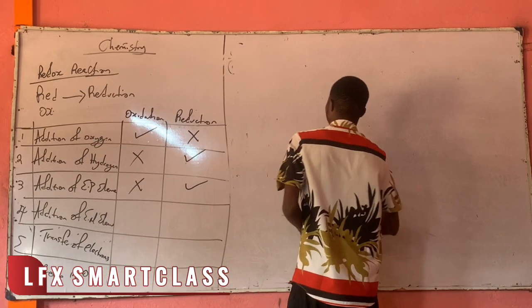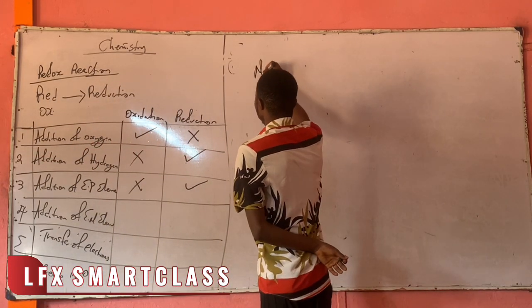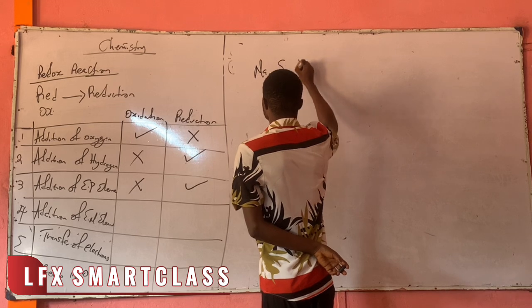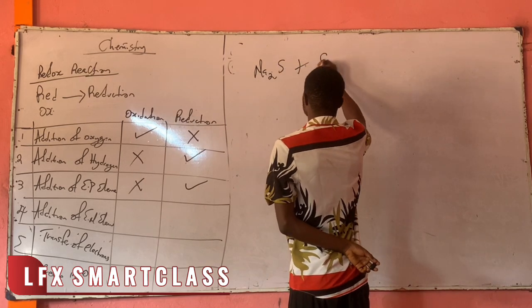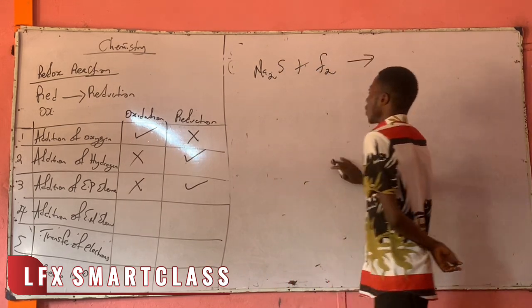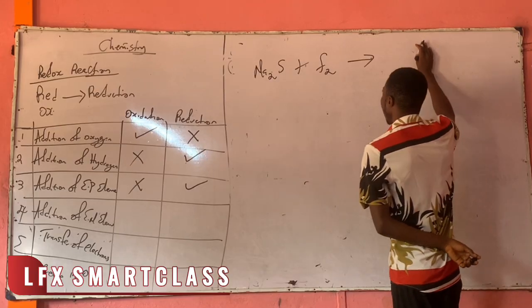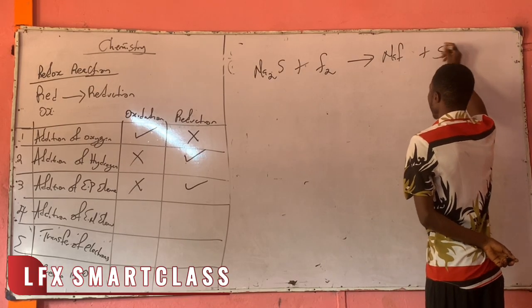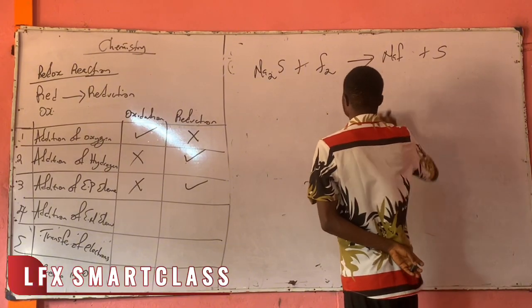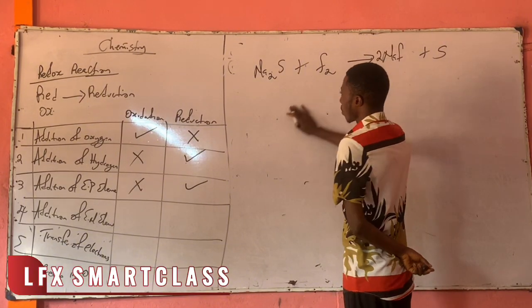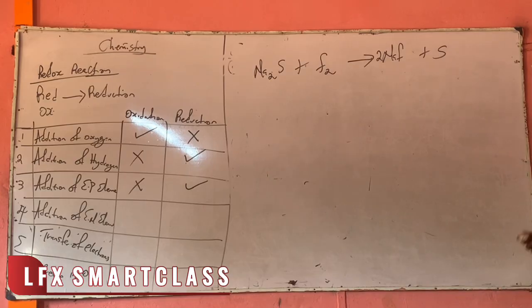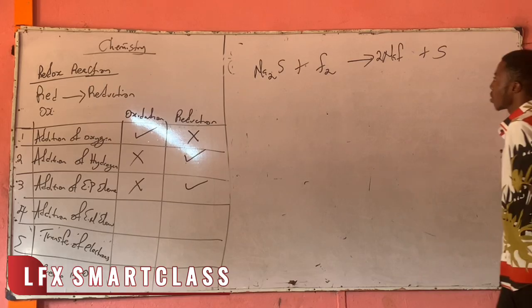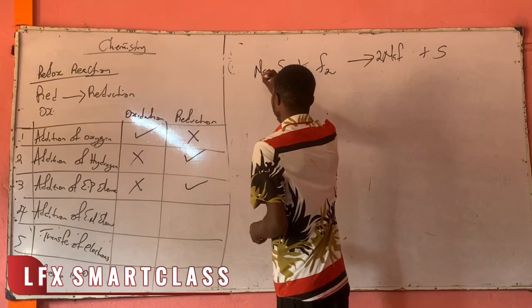Now, if you have something like this, sodium sulfide reacting with fluorine. Now, you see something like sodium fluoride plus sulfur.